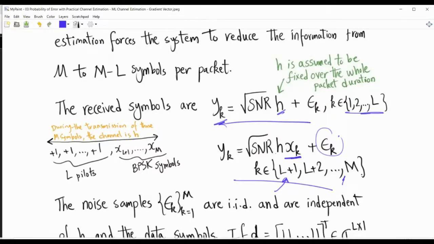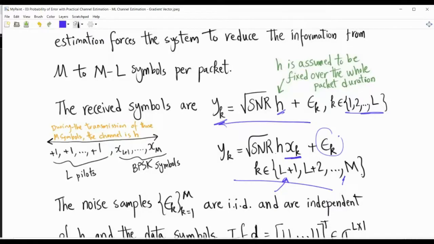So we will simplify things by assuming that the channel is constant during the transmission of the M symbols, the pilots followed by data. And so H will not be indexed. It's just a single parameter that we need to estimate and then employ in the detection of the data symbols.